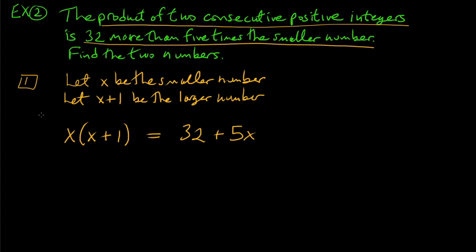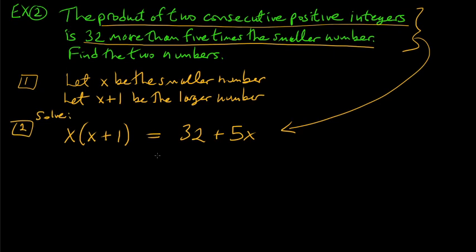So again, it's just translating these words into this equation. Just read it carefully and write down exactly what it says in terms of x and x plus 1. Okay, so the next step, of course, is to solve this equation.